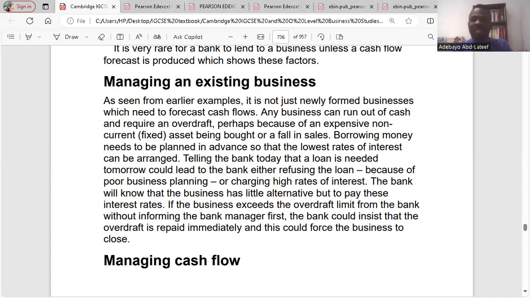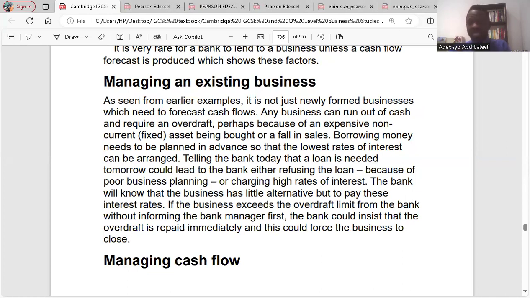As seen from earlier examples, it is not just newly formed businesses which need to forecast cash flows. Any business can run out of cash and require an overdraft, perhaps because of an expensive non-current asset being bought or a fall in sales.